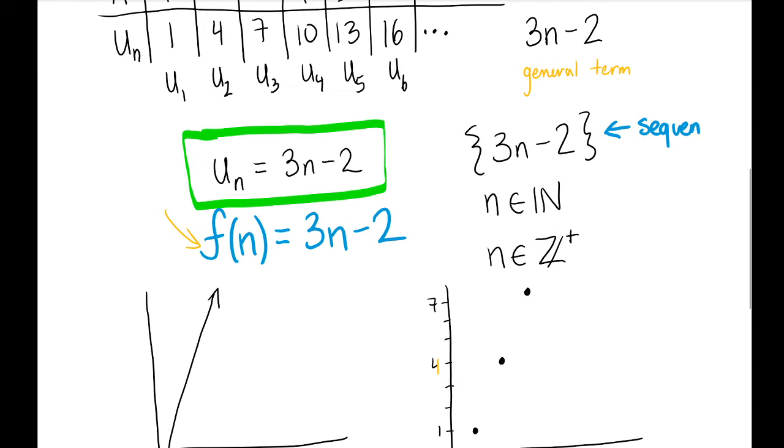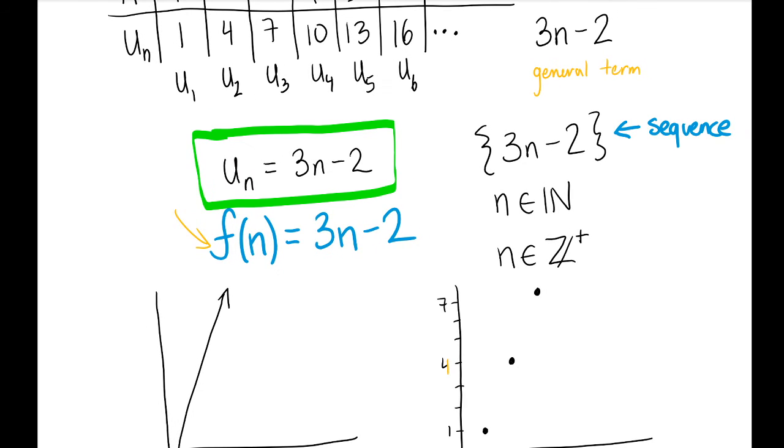So we wouldn't give it a name, we wouldn't assign it with function notation, we would write the sequence in these braces, and inside the braces we put that general term. That's the term we use to generate the sequence in question.